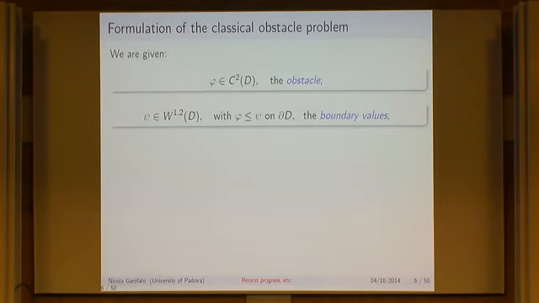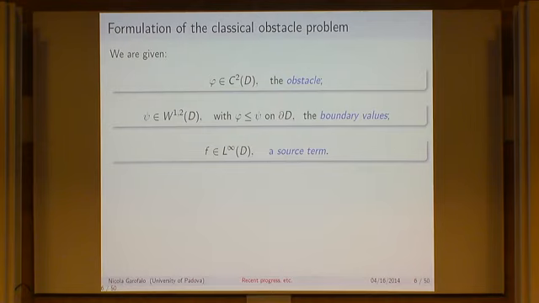The mathematical formulation is that we are given, suppose for instance, a C2 function phi, which is going to be the obstacle, defined in an open set D. Then we have boundary values psi in W^{1,2}. That condition has to be interpreted in the sense of W^{1,2}, of course, since it's on a set of measure 0.